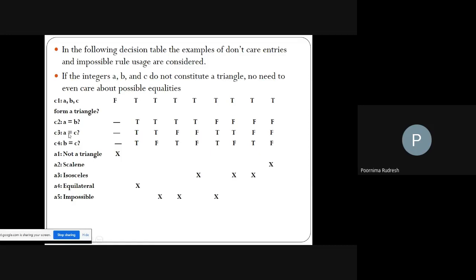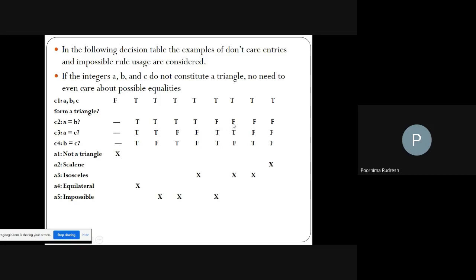Why? Because if A is equal to C and B is equal to C, that indicates that A is equal to B. But for that condition we have represented it as false. So these two conditions are impossible, or can never occur, and for that we are representing them as impossible conditions. Next, we'll see one more rule.